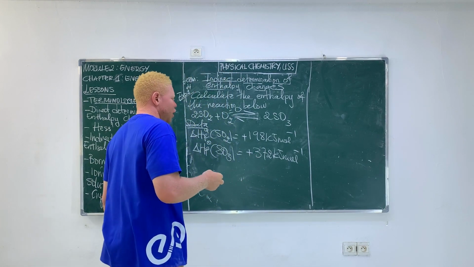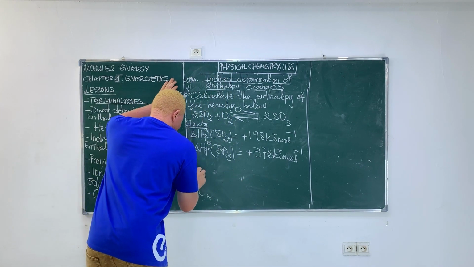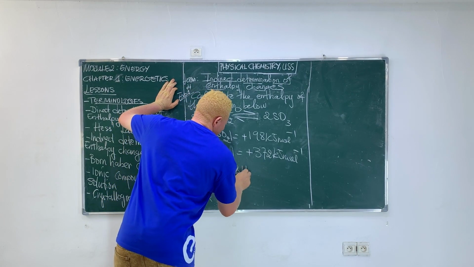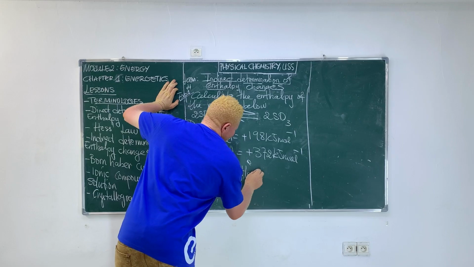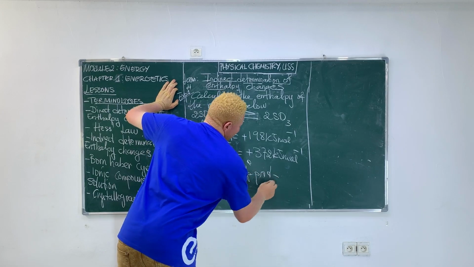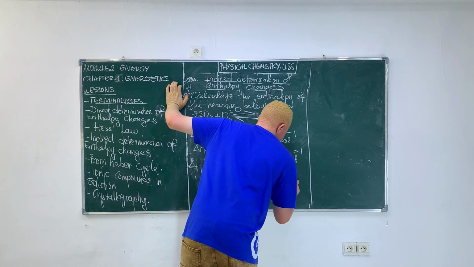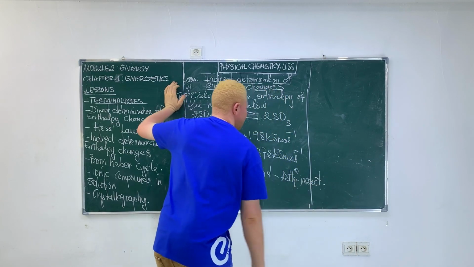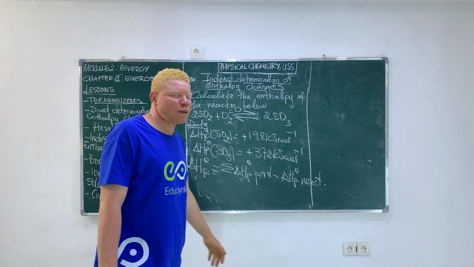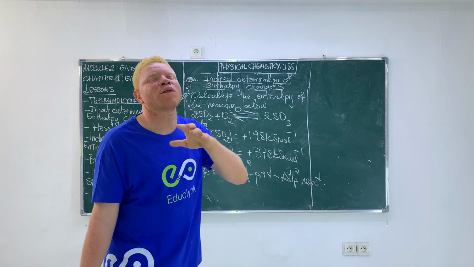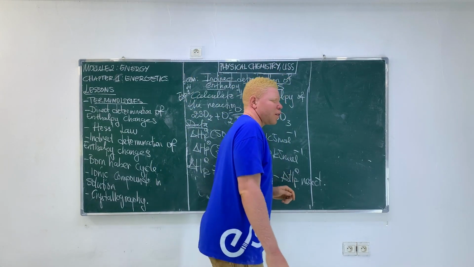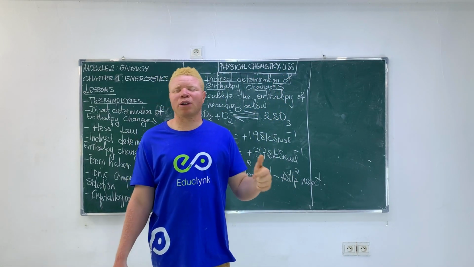So let's apply the formula. The enthalpy of reaction is equal to the summation of the enthalpy of formation of the products minus the enthalpy of formation of the reactants. Remember what I told you, we make use of the stoichiometric coefficients. The product in this case is SO3, so I multiply SO3 by 2.